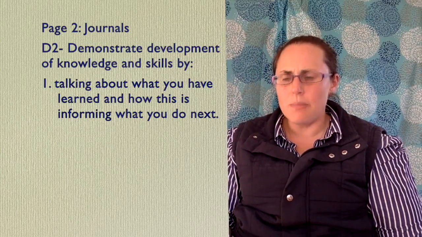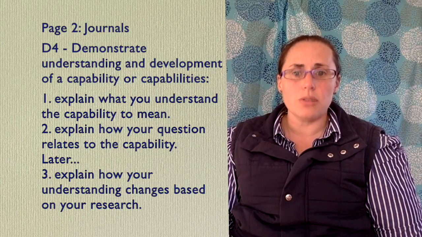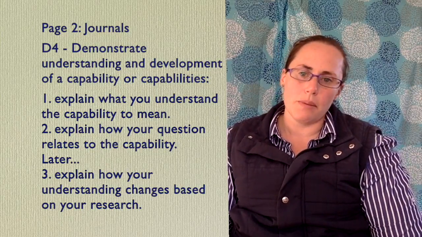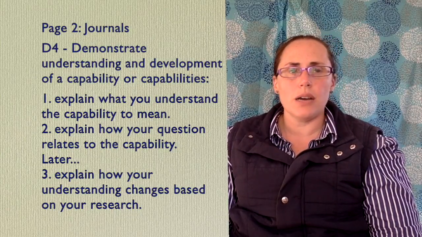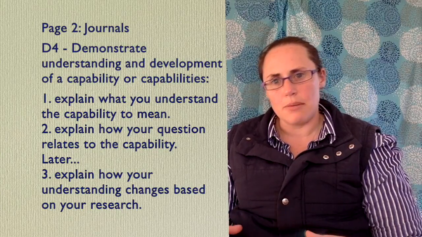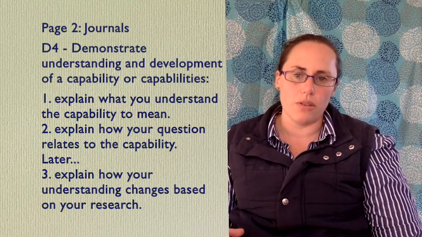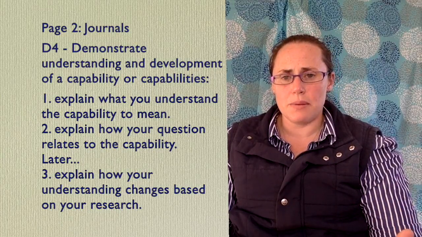All right. The last part that I think you really should include in your journals is discussions about the capability and how your capability has developed over time. So if you are struggling to be able to show a way that your capability is developing over time, write about it in your journals. Talk about what the literacy capability is.